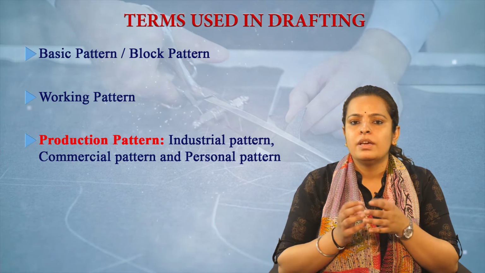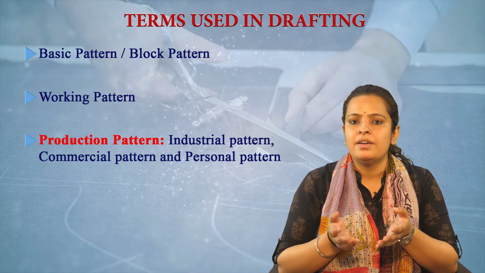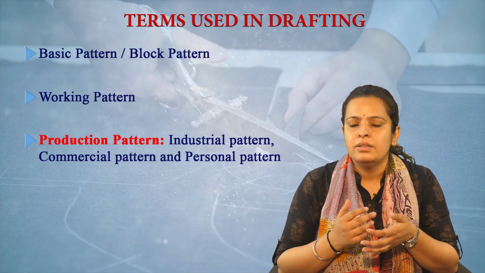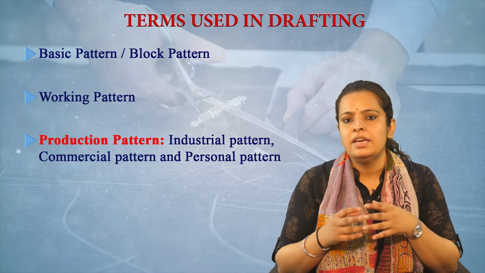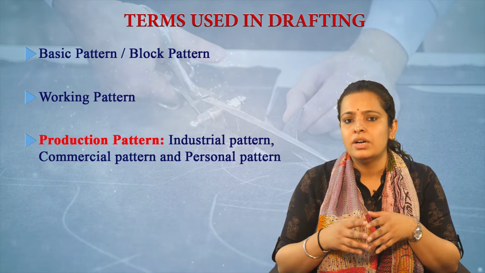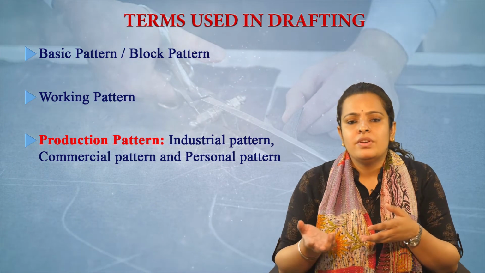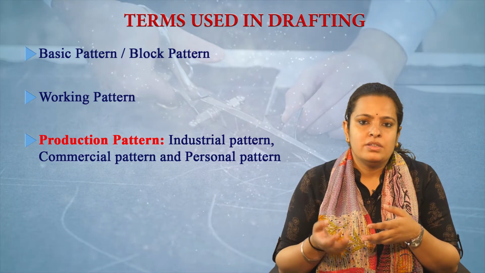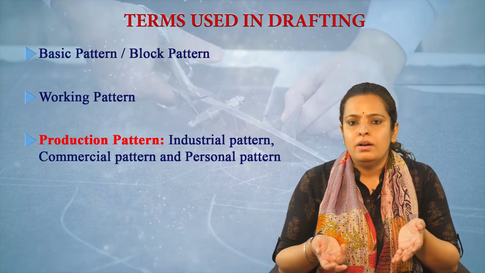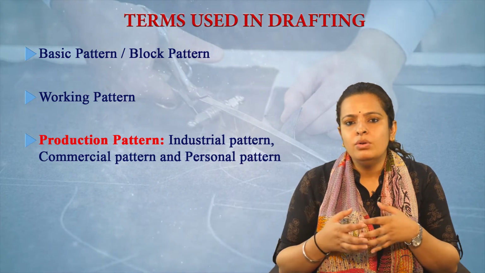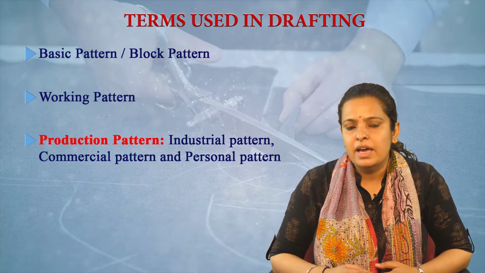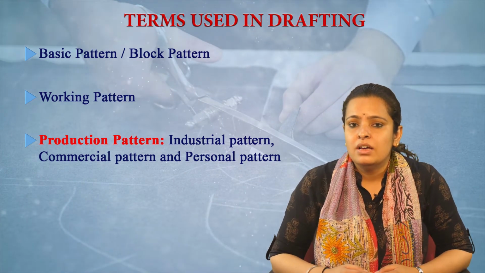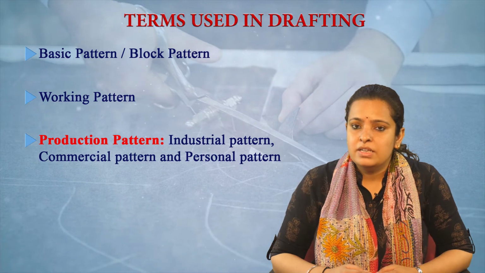Because if, as a designer, I create a pattern and the pattern master develops it, and some technical thing is not included and it is given to the industry person, it is not understood by them. So the industrial pattern has all the technicalities and specifications of what the pattern is about.